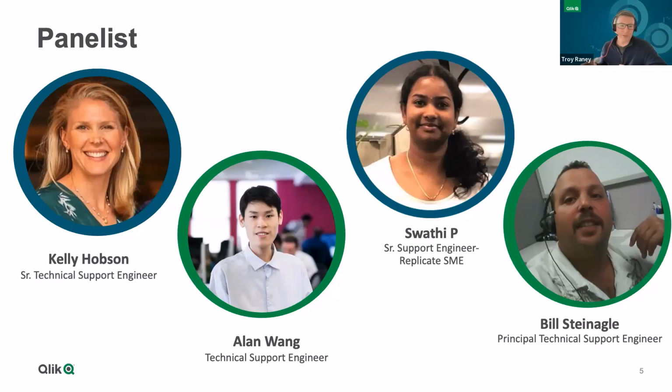Okay, our next question. When a connection issue happens and we need to resume or reload tasks, is there a way to run all tasks at once? Through Replicate, they cannot, but if they have Enterprise Manager, we can select all tasks at once, and using that they can resume all their tasks. But with Replicate, they can go one by one only.